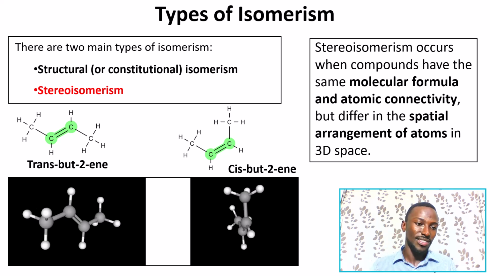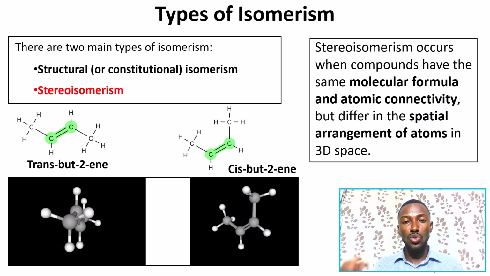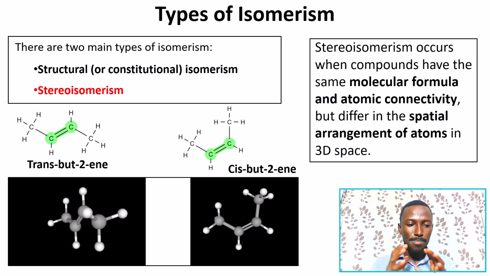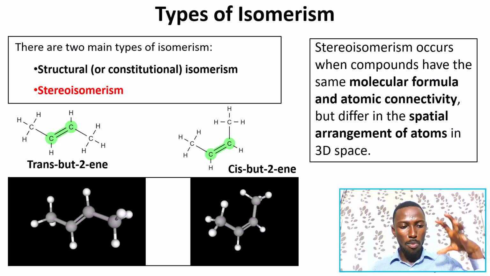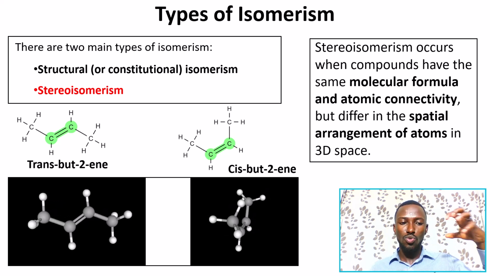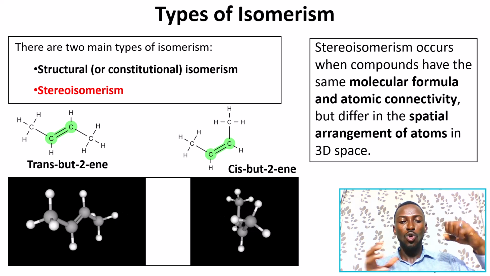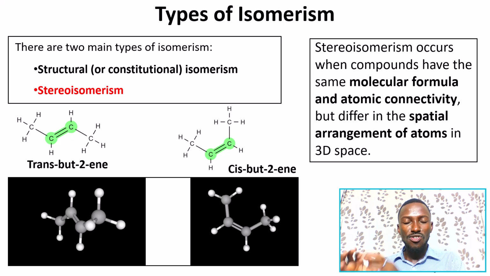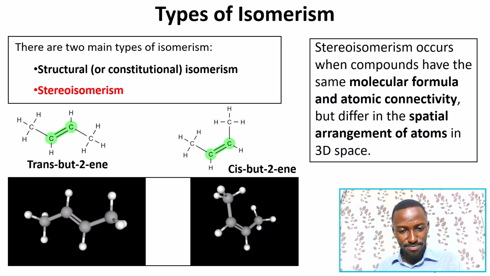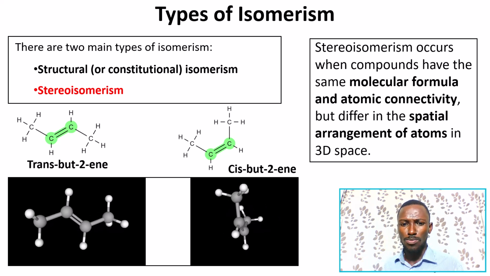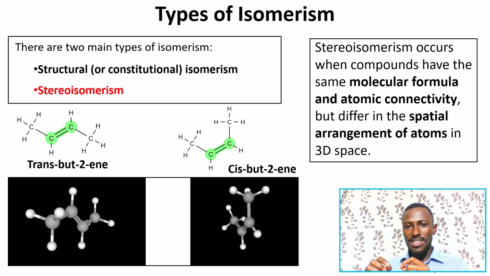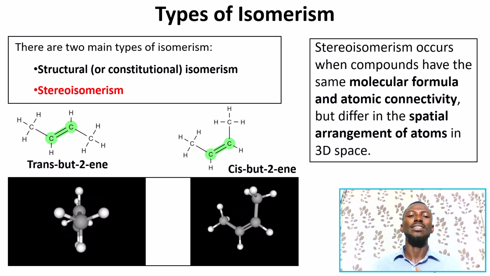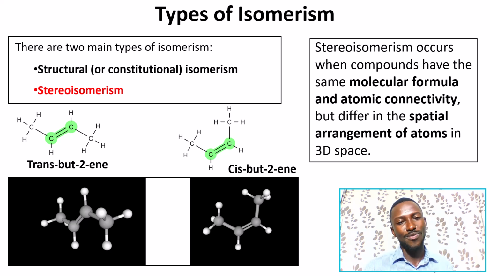That is trans-but-2-ene. Pay attention again. We have carbon bonded to 3 hydrogens, 2 of them, but 1 at opposite sides of the double bond. That makes it trans-2-butene.